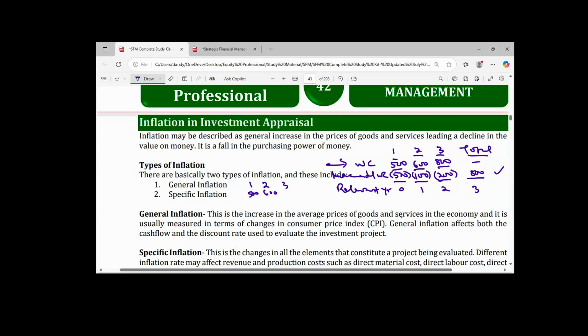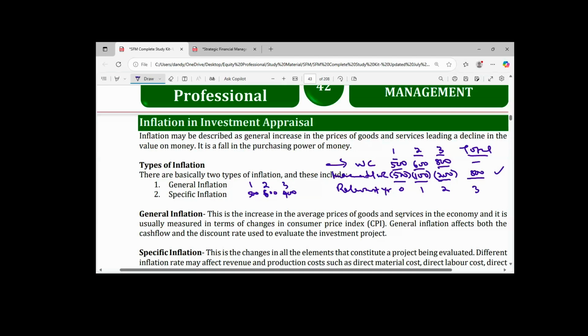Then in year 3, it now reduced to 400. Is that not what you are saying, Ufoma? Yes, sir. So we are going to have a scenario that relates to that as we proceed.